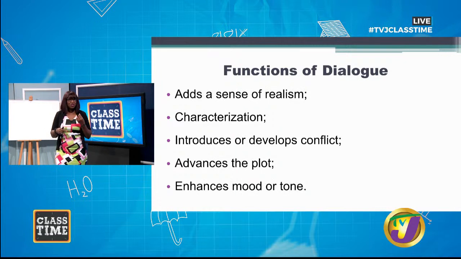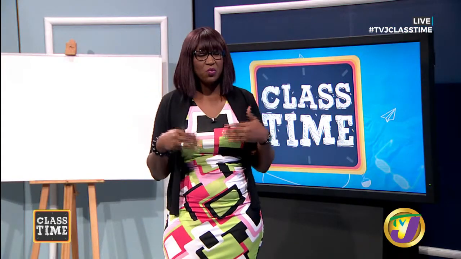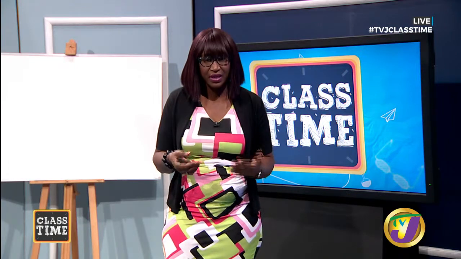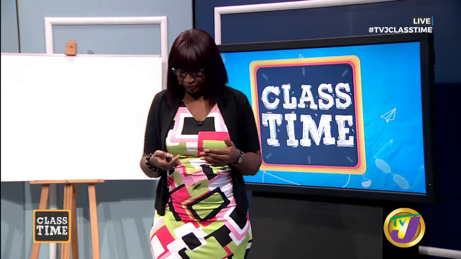So the characters talking to each other or themselves can create the mood, create the tone. If the characters are angry, the way they're talking will reveal that, yes, the mood right now is a very tense one. If the characters are sad, then the way they're talking and what they're saying will tell us that, yes, they're not feeling up to par, they're not feeling like themselves, they're probably wondering what is going to happen, things like that.